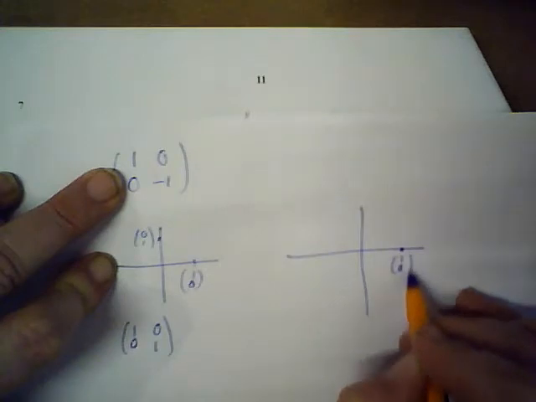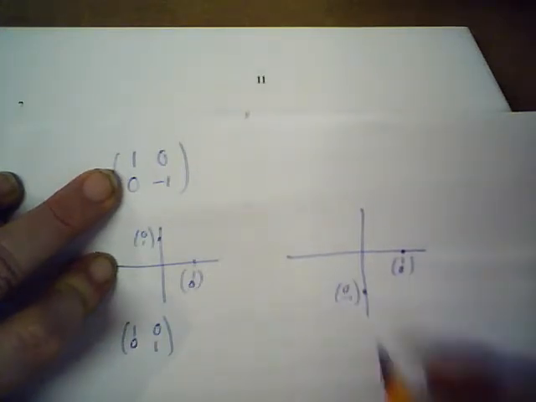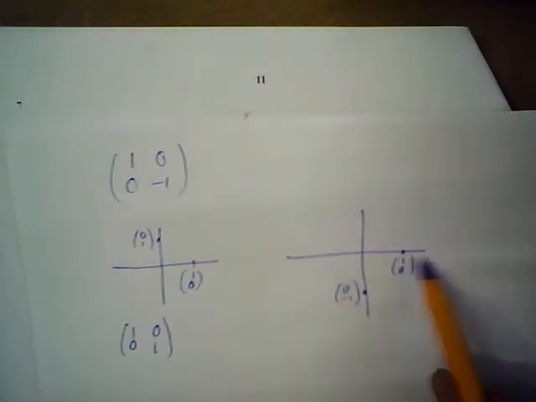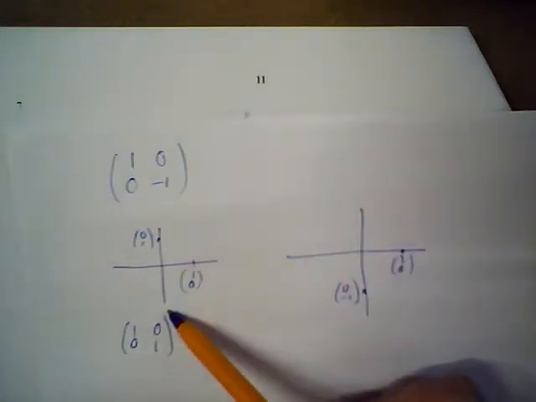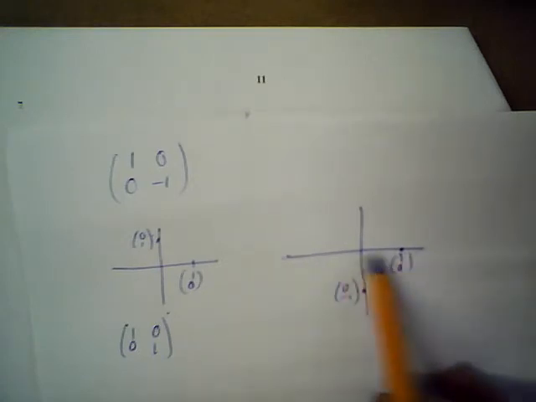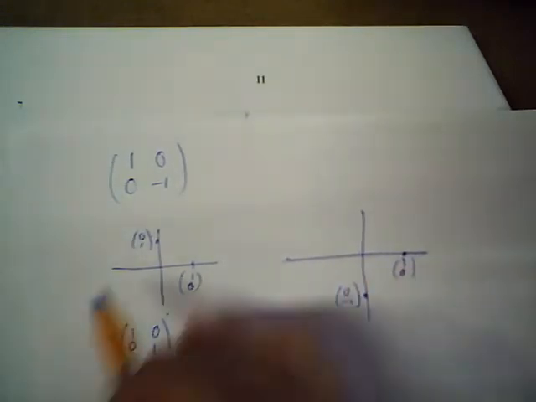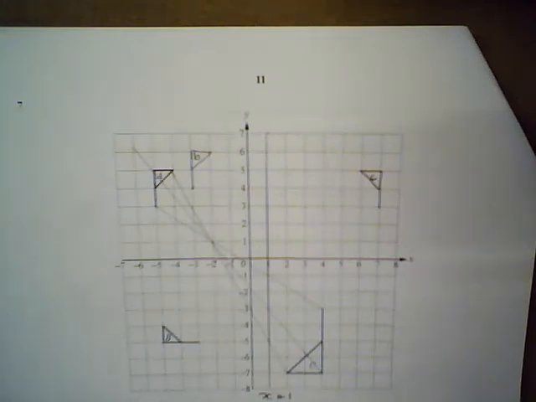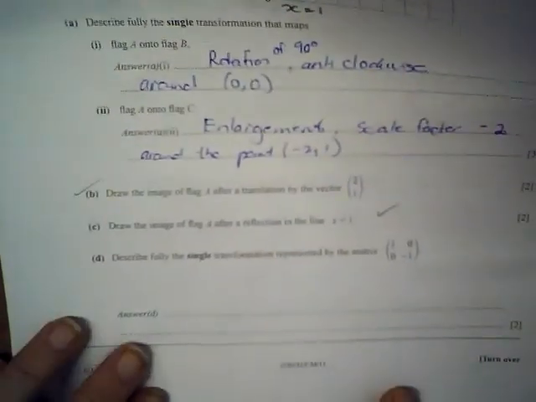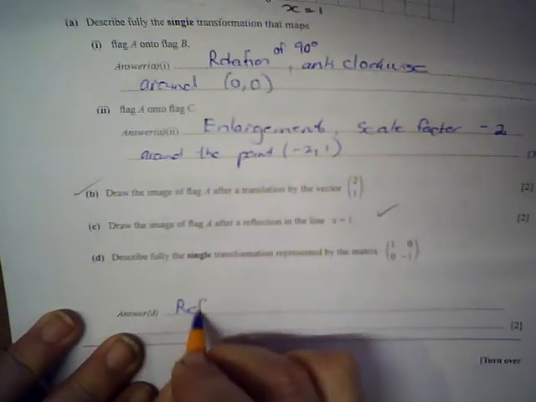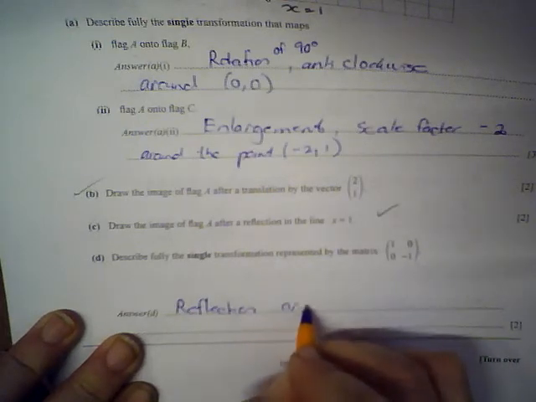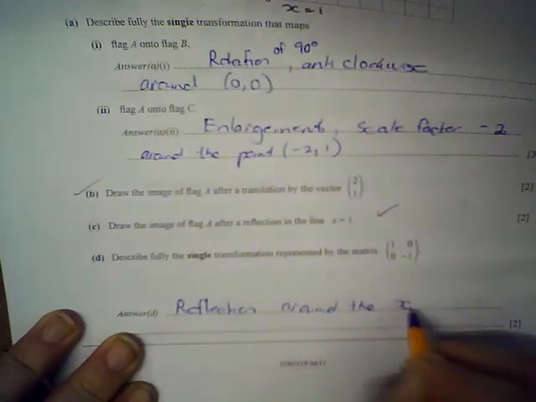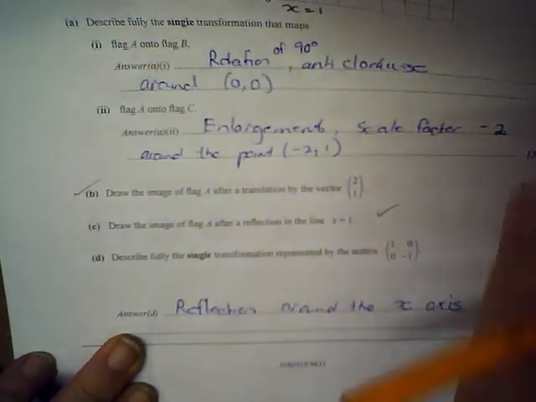So 1, 0, and that is 0, negative 1. So what happened in the X direction, it didn't change, but in the Y, it was reflected around the X axis. Okay, can you see that this point is now there? It was reflected around the X axis. So my single transformation that maps it is a reflection around the X axis. Okay, good.